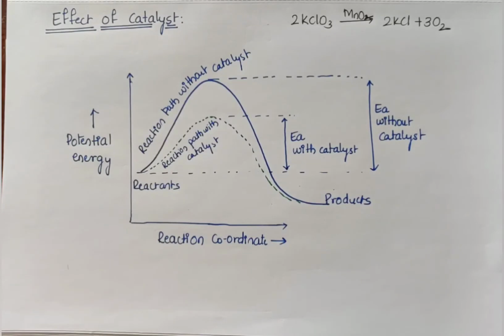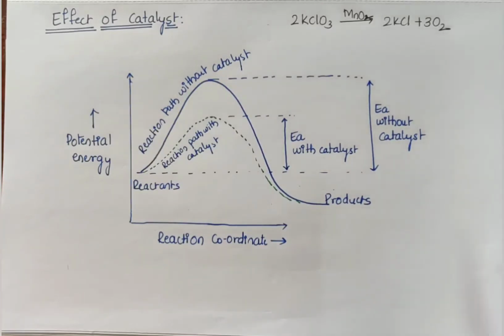Now, according to the intermediate complex formation theory, a catalyst combines with the reactants to form an intermediate complex, and the potential energy of this intermediate complex in the presence of the catalyst is less than in the absence of the catalyst. Thus, the positive catalyst increases the rate of the reaction by providing an alternative path with lower activation energy, and we all know that the lower the activation energy, the faster is the reaction.